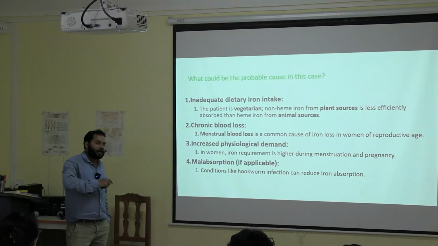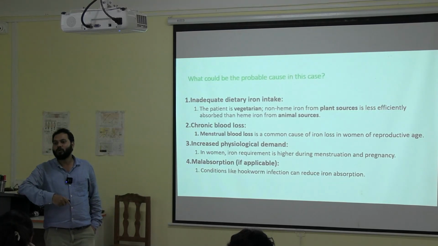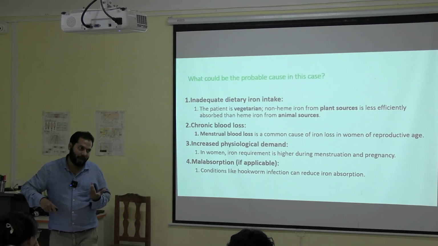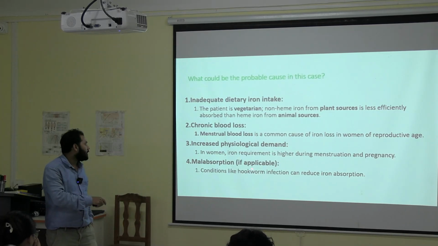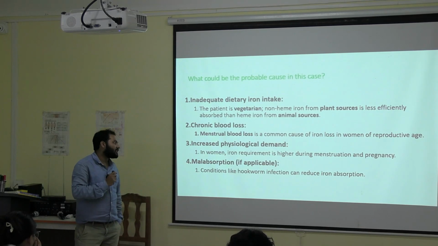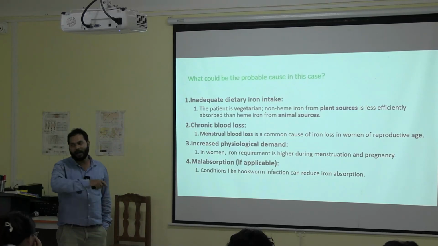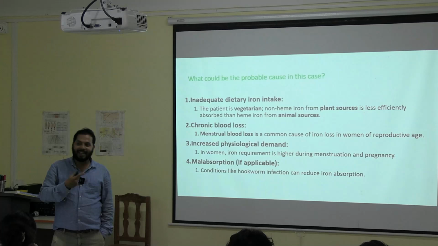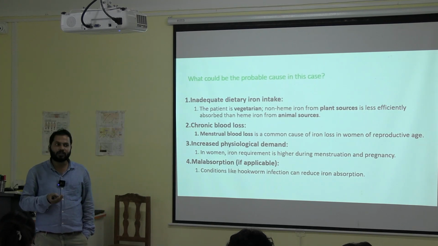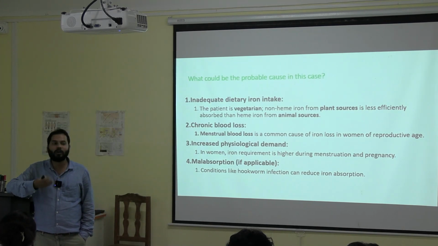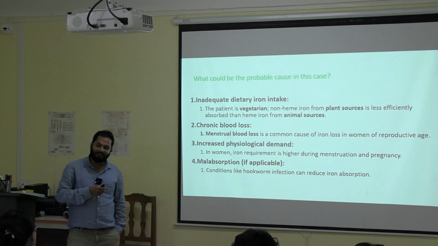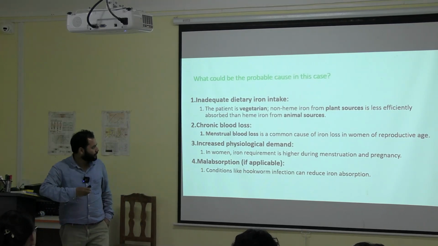Another important point is that sometimes other infections also affect the absorption of iron, right? Like hookworm infections, which can reduce iron absorption. So ultimately, as there is less absorption of iron, it will facilitate the development of iron deficiency anemia.